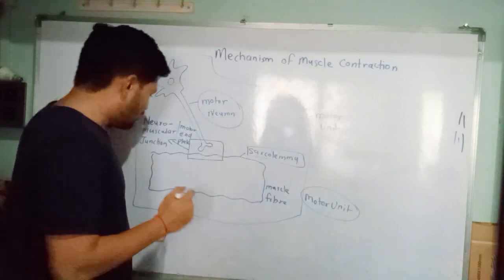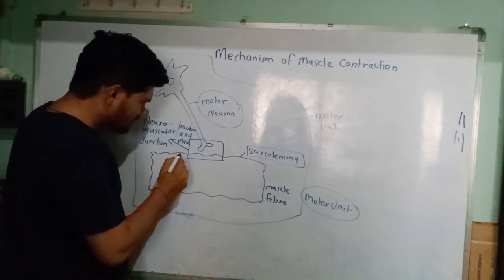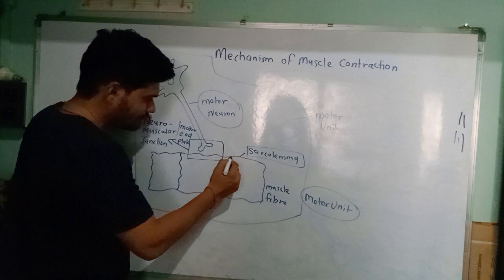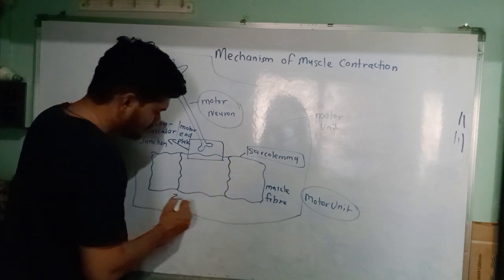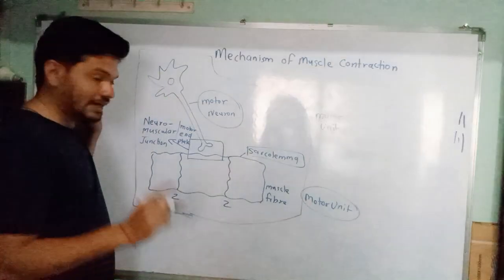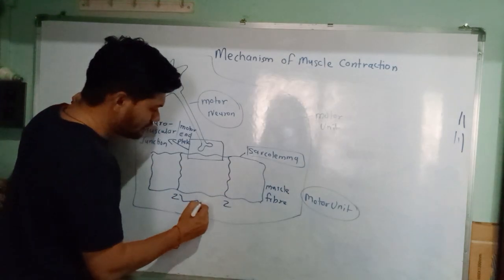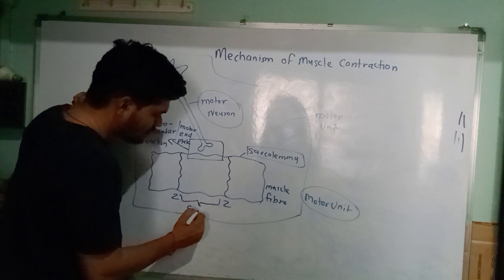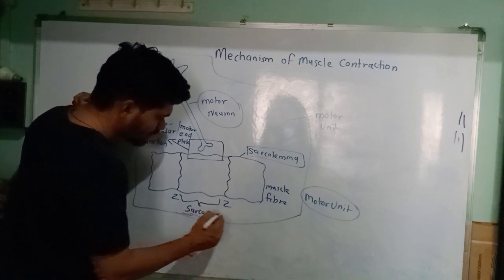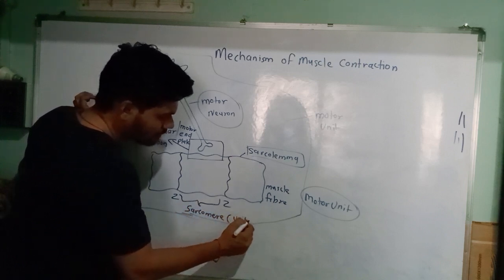So again I am drawing; suppose these two are Z lines, and we know that the distance between two successive Z lines is the sarcomere, the unit for contraction.